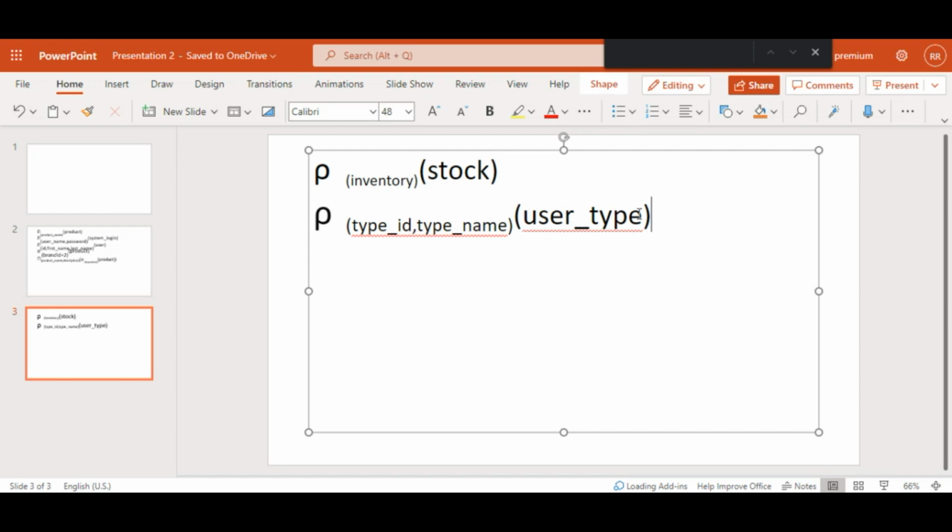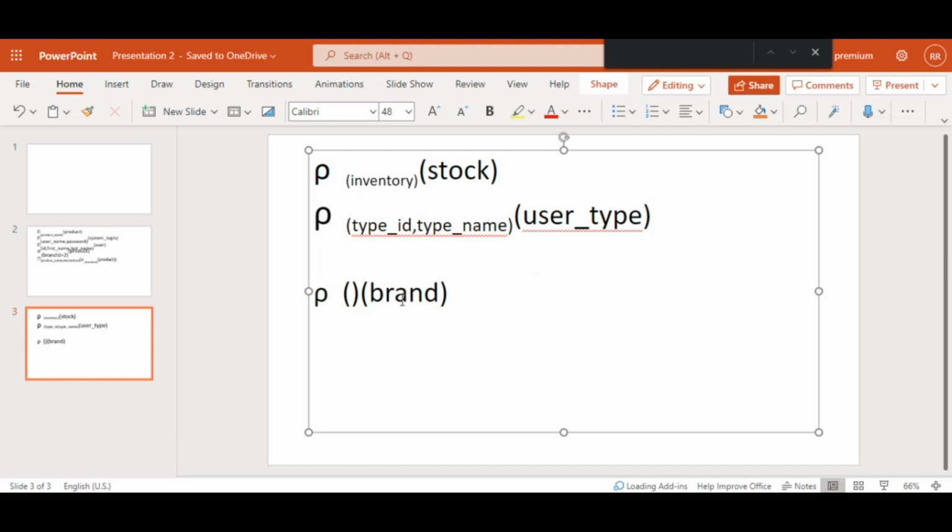So let's do that. The same operation symbol, and there will be two brackets. This one basically represents the brand table, so brand.